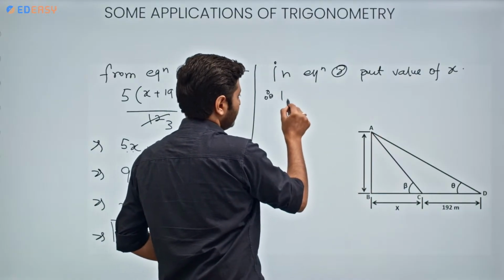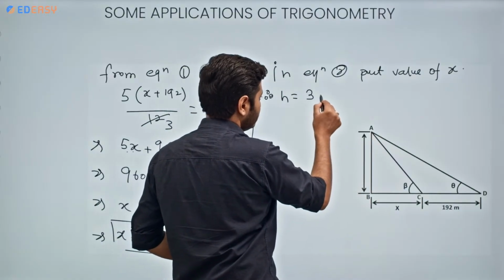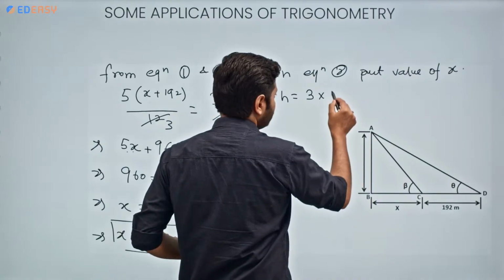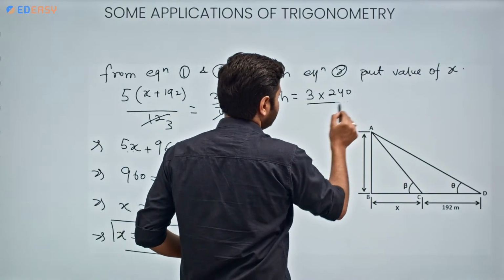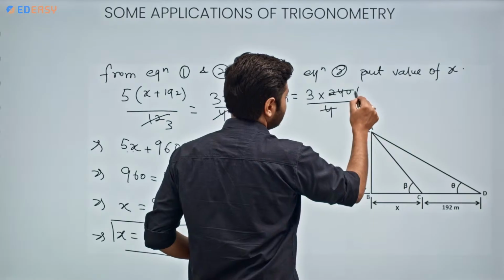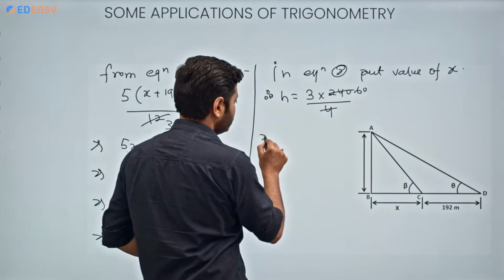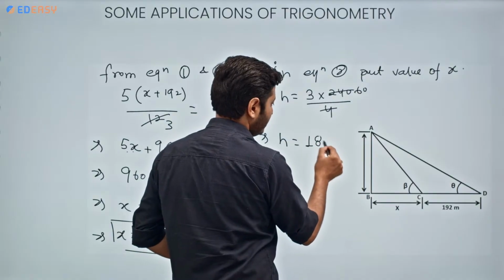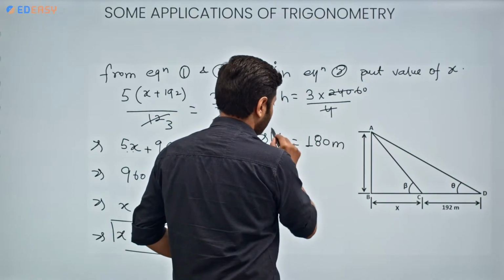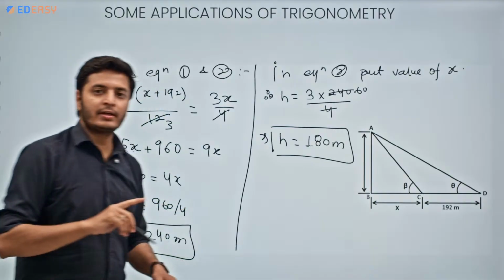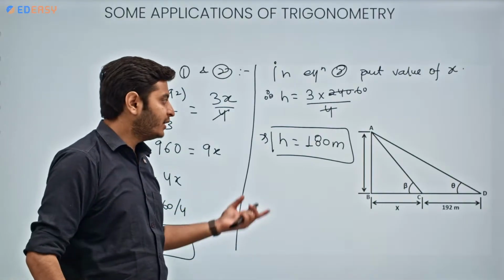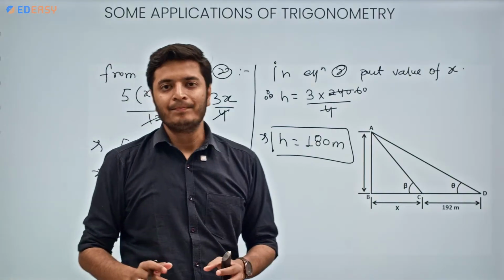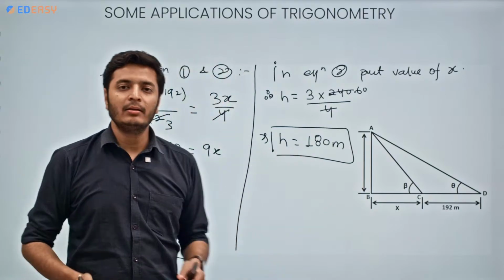Therefore h is equal to 3 into 240 divided by 4. These are divisible by 60. So the value of h would be 3 into 60, 180 meters. Now you can conclude the problem by writing that the height of the tower is 180 meters.